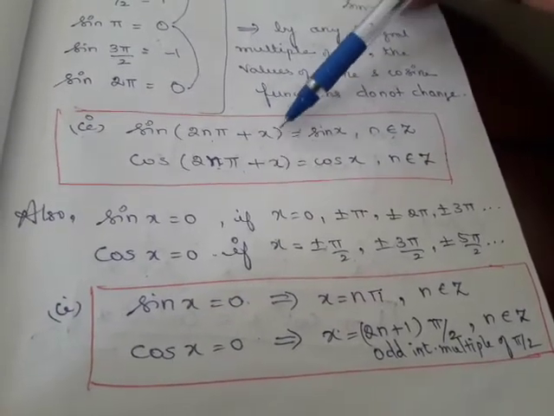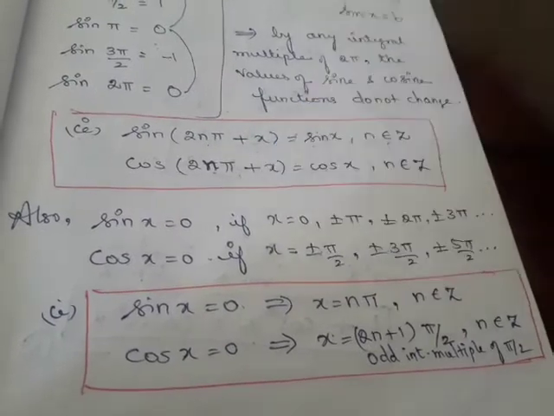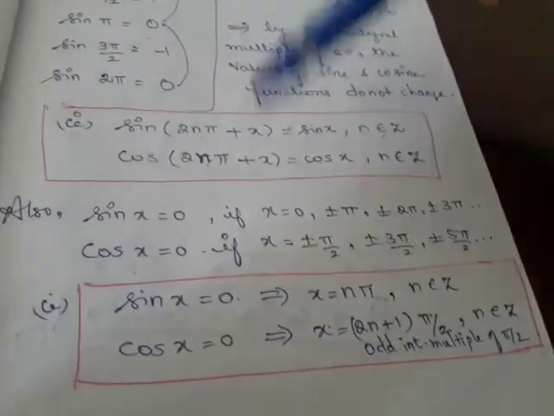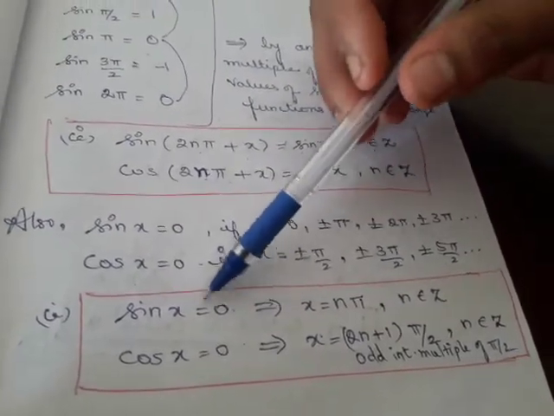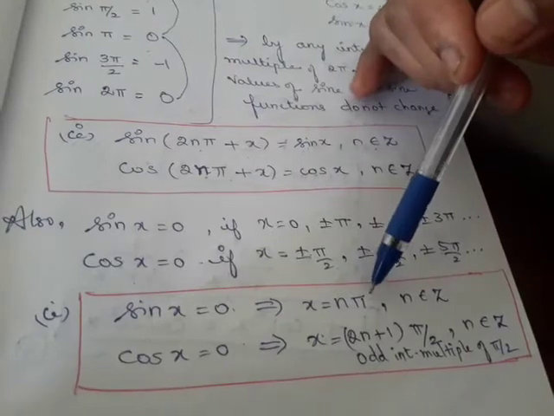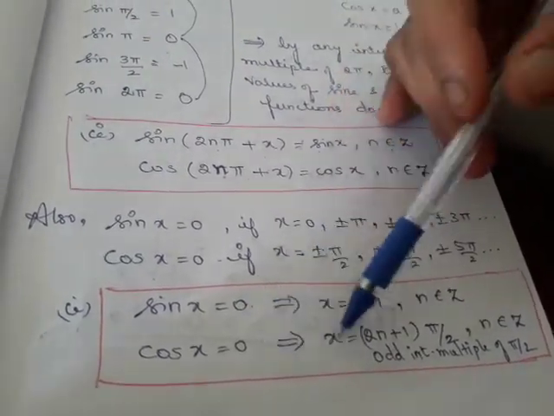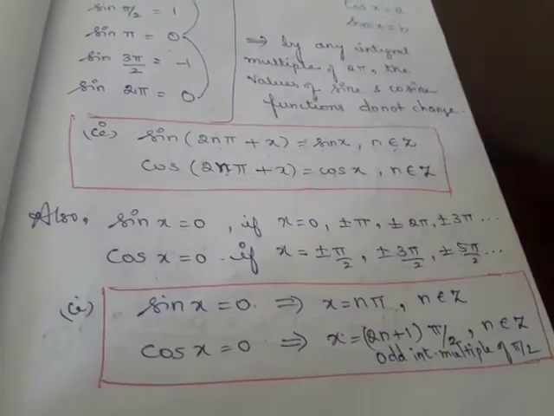When x undergoes integral multiples of 2 pi, the sine and the cosine values remain the same. There won't be any change. And also we observed that the sine value becomes 0 when x is an integral multiple of pi, and the cos value becomes 0 when x is an odd integral multiple of pi by 2.